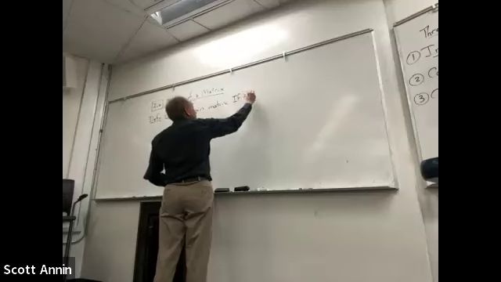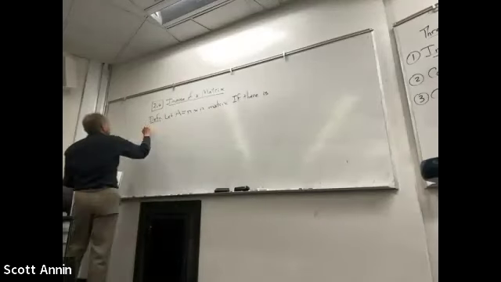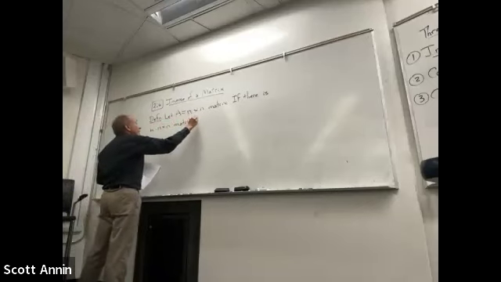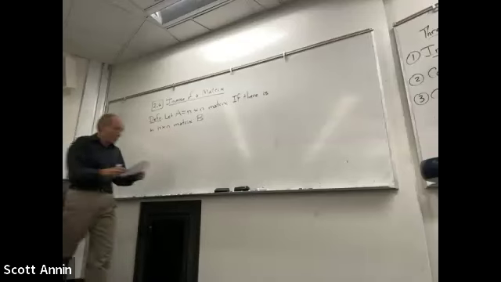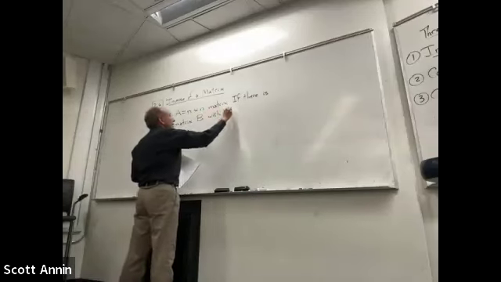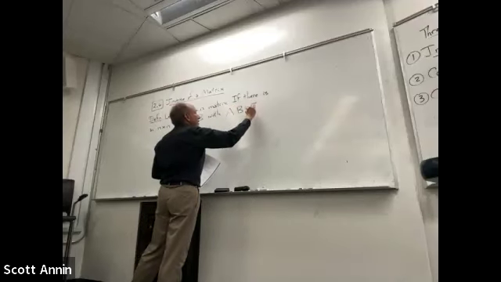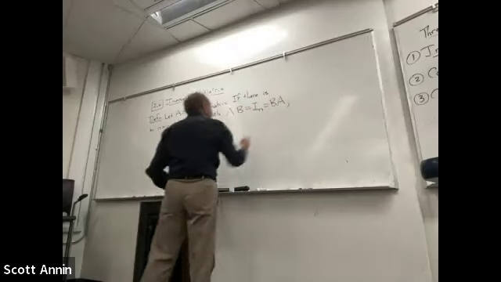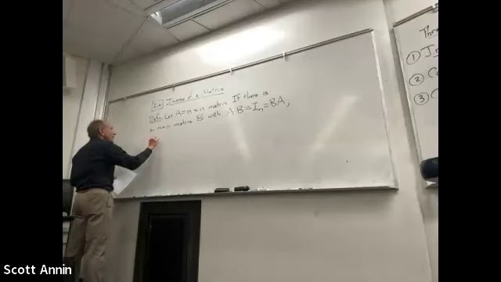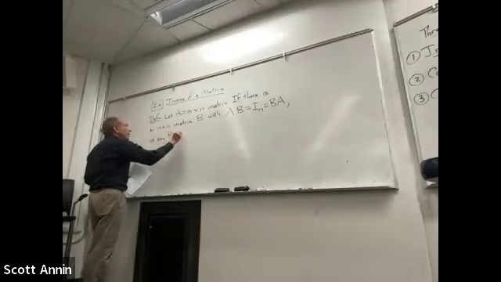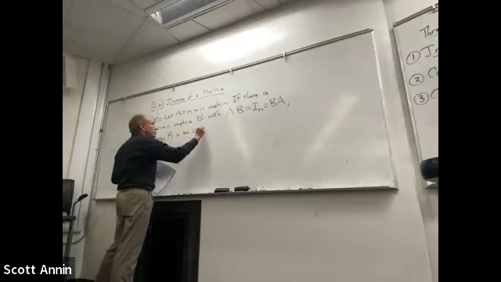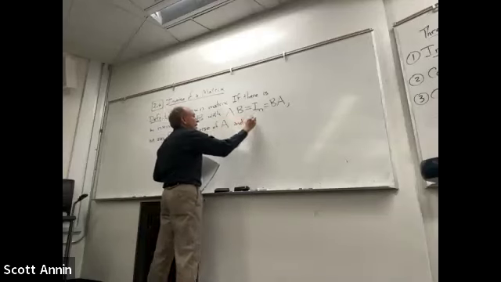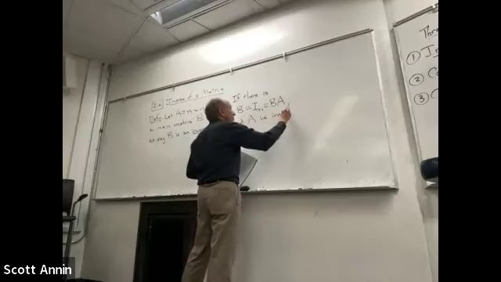So if there is another, I'll just say an n by n matrix B with A times B equaling the identity matrix equaling B times A, then we say B is an inverse of A, and A is invertible.